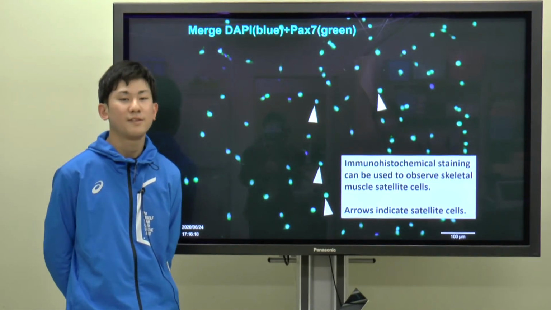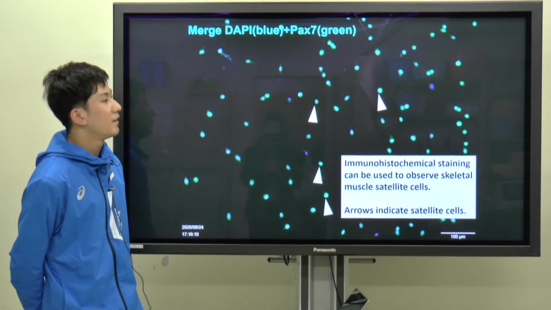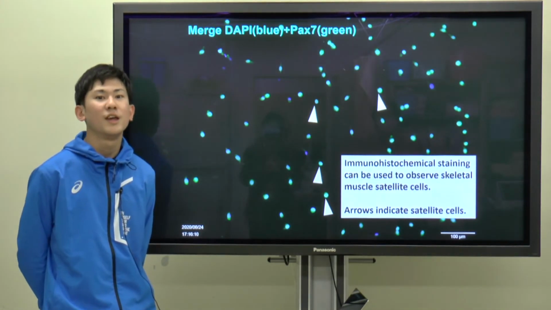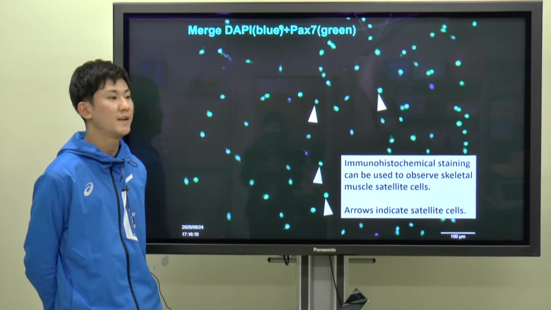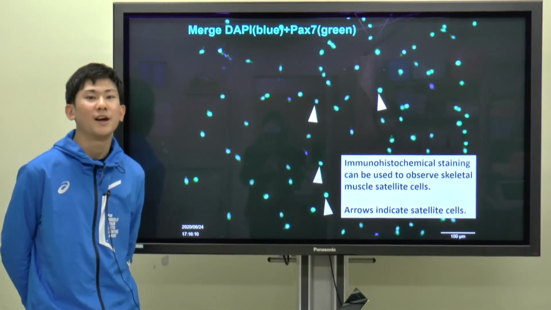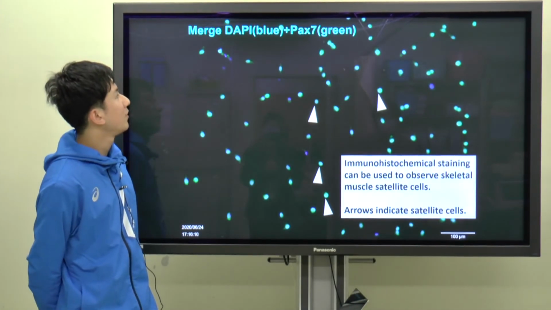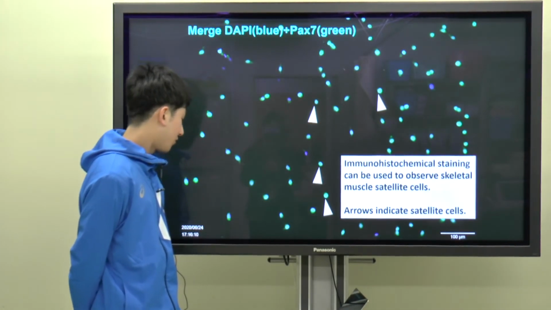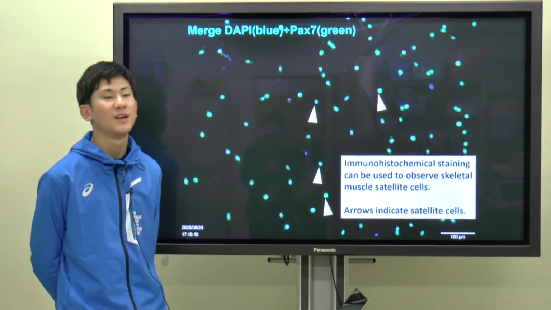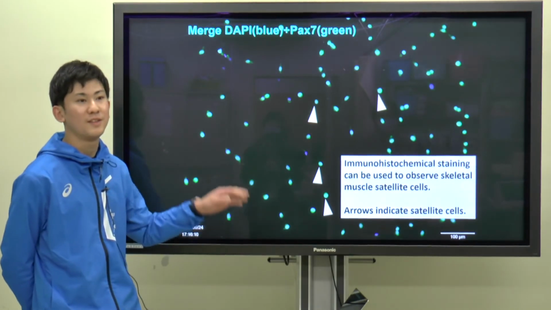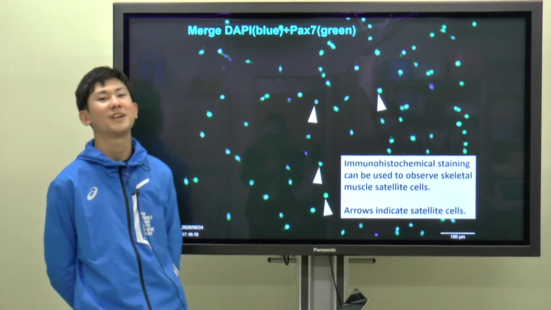Skeletal muscle satellite cells are those in which nuclei and Pax7 are co-expressed. We are conducting various studies using these skeletal muscle satellite cells.